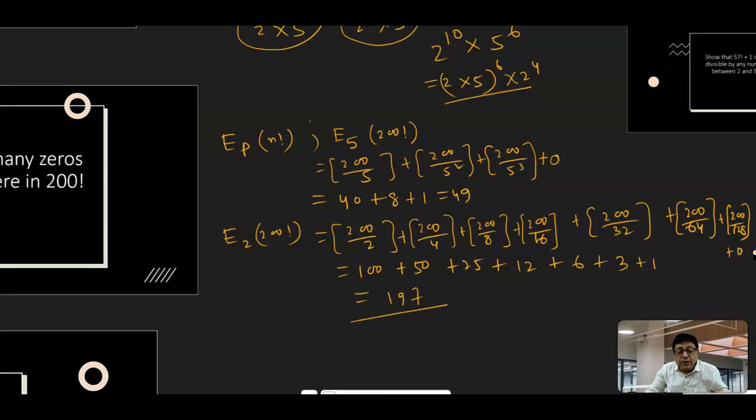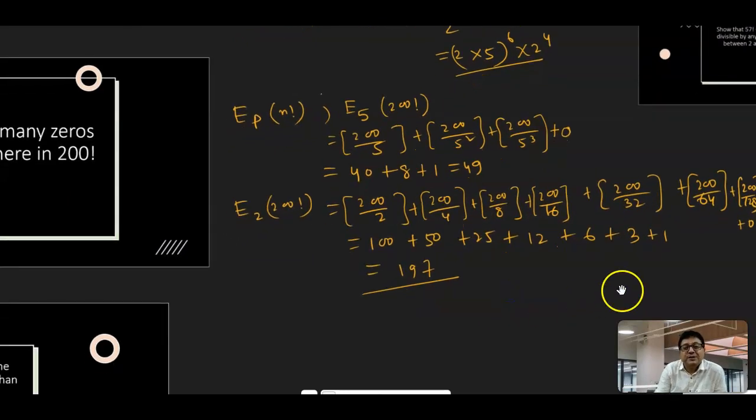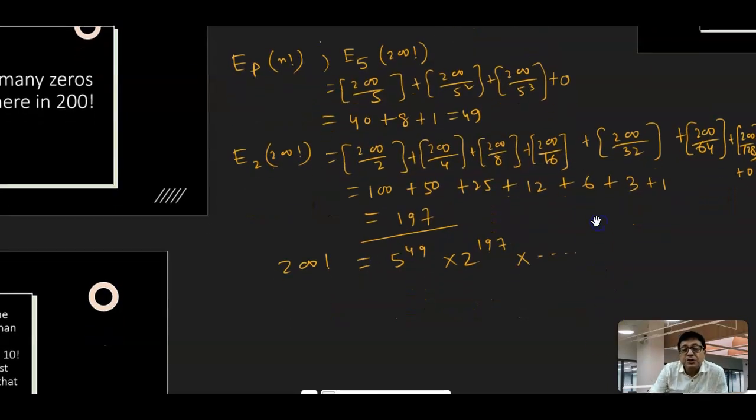But to get the number of zeros, you need 2 and 5 together. Are you getting 2 and 5 together here 197 times? No. In the prime factorization of 200 factorial, 5 has occurred 49 times and 2 has occurred 197 times. Other factors we don't care about, because we need 5 into 2 pairs. One 5 into 2 pair will give you a 10. So how many times are 5 and 2 together?